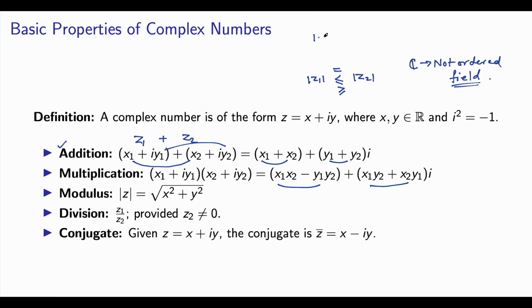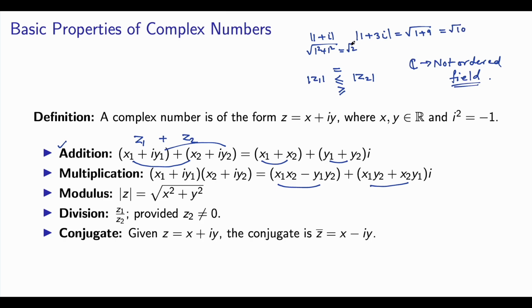Suppose you have 1 plus i and 1 plus 3i. If you take the modulus of the first, 1 square plus 1 square is going to be root 2. For the second, the modulus is going to be 1 plus 9, so this is going to be root 10.